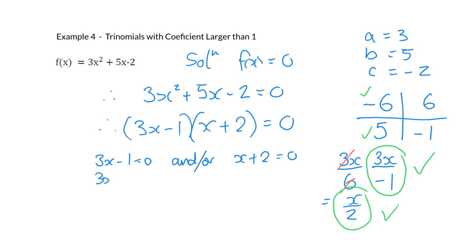Over here, we have to take the 1 to the right-hand side, so 3x equals 1. x equals 1 over 3. On the right-hand side, we're simply taking x equals negative 2 as the plus 2 goes to the other side. So our two solutions are x equals a third and x equals minus 2.